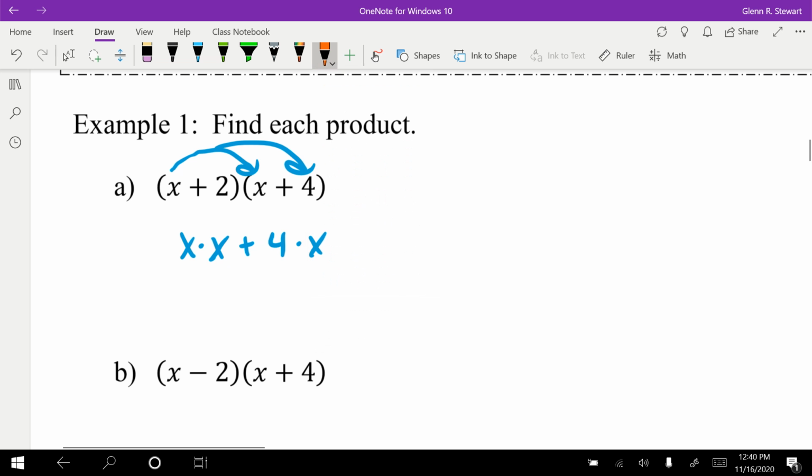I'm going to switch my color. Then I'm going to cover up that first x with my finger, and I'm going to double distribute. They also call it the FOIL method, you'll hear, but this is kind of what I use. So in this case, I have plus 2 times x plus 2 times 4.